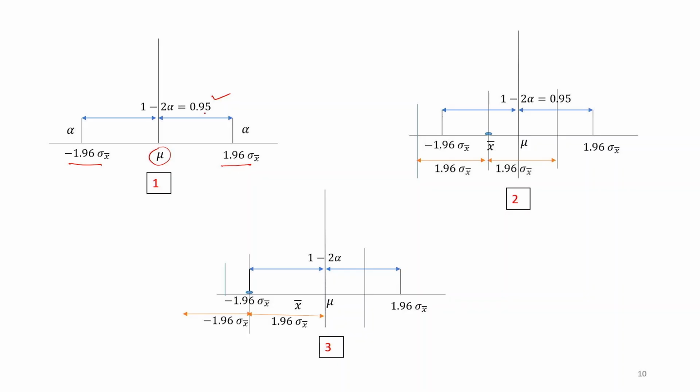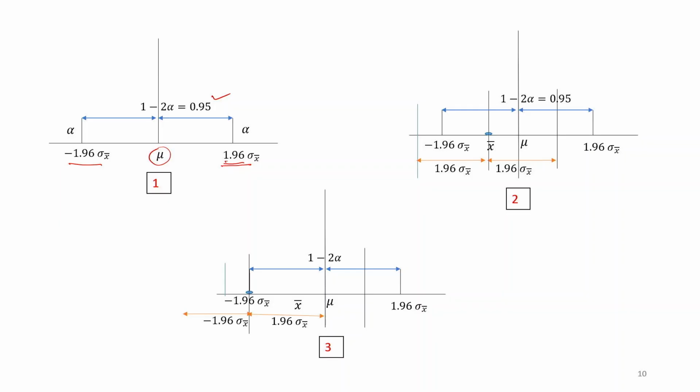Corresponding to 0.95, the alpha value is going to be 0.025. And corresponding to 0.025, if we try to find the value of z, it will give a value of 1.96. So it is 1.96 this side and minus 1.96 that side.